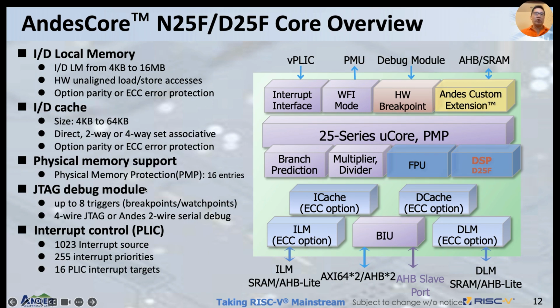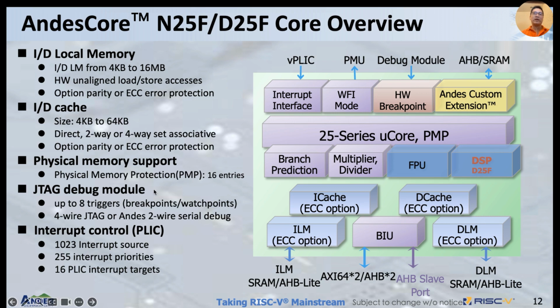The core can support configurable size I and D local memory with unaligned load and store accesses and optional parity or ECC error protection. It can support configurable size I and D cache and also has the option for parity or ECC error protection. It can support physical memory protection, PMP, with up to 16 entries to control the accessibility of the memory regions.